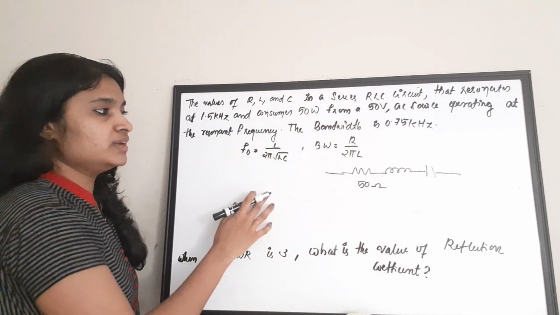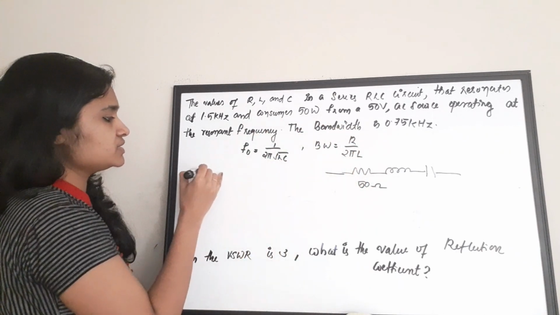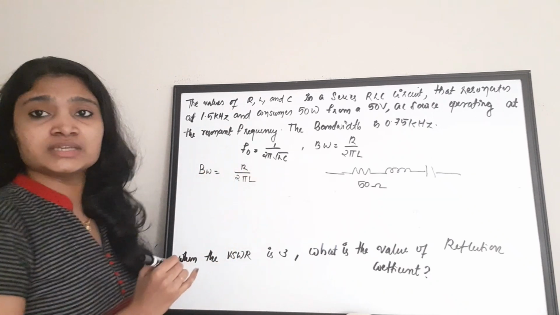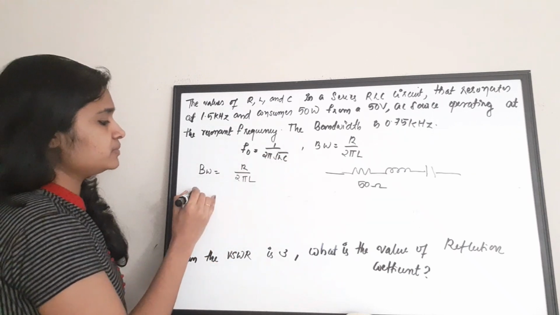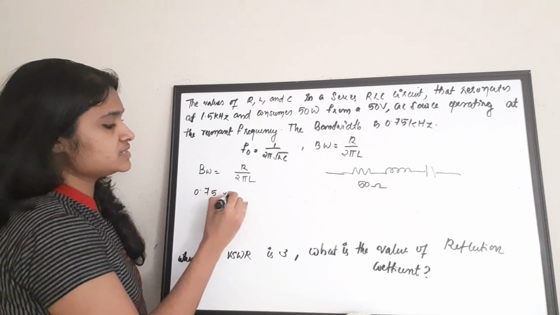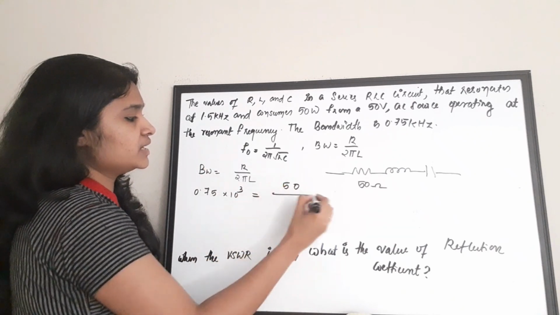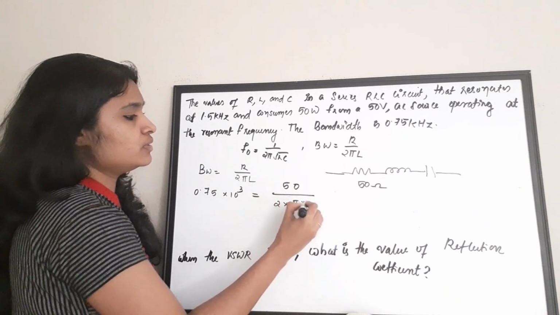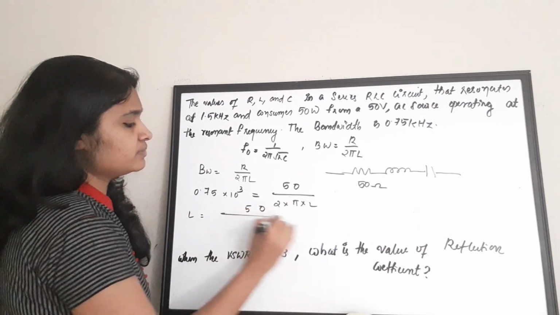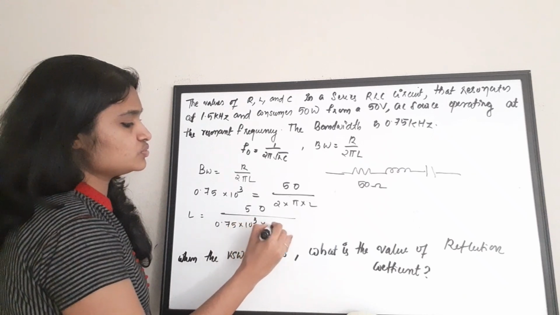So first I'm going to find L now. What is the bandwidth equation? I'll write it once again: bandwidth is equal to R by 2 pi L. Substitute the value of bandwidth, 0.75 kilohertz, that is 0.75 into 10 raised to 3 hertz, equal to R, which is 50, by 2 into pi into L. So from this, L is equal to 50 by 0.75 into 10 raised to 3 into 2 into pi.